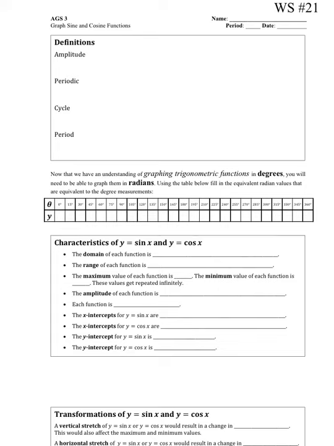We'll start with the definition of amplitude. Amplitude is going to be half the distance between the minimum and maximum values.